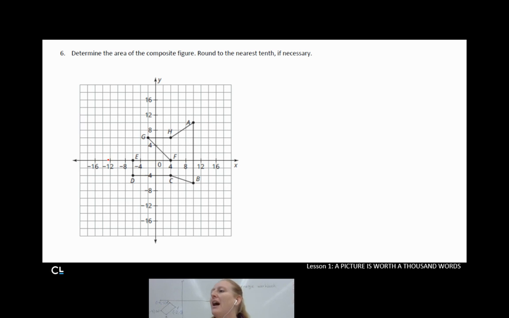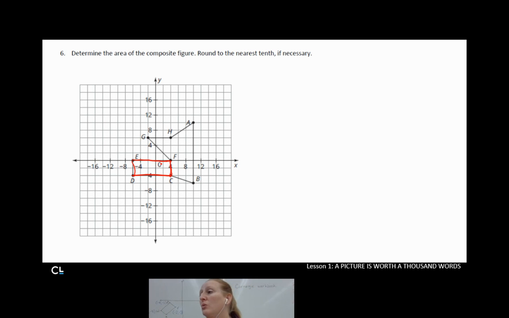True story. So for a composite figure, you want to chop it up into rectangles and triangles, because I know how to find the area of rectangles and triangles. So I'm going to chop off this lovely rectangle. Again, we're counting by 2s, so please be careful.